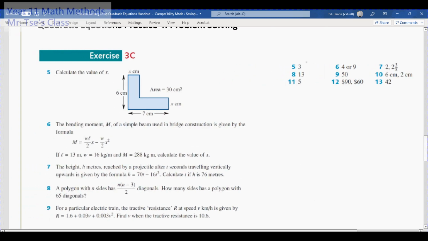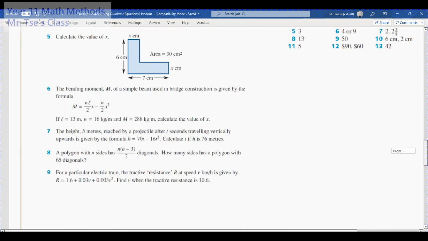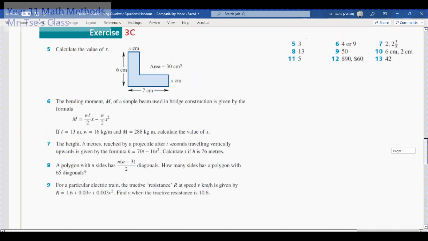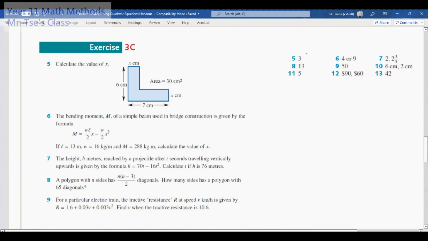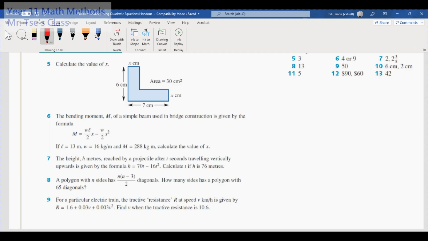Okay, so there are some exercises in our practice 4. I mean there are 9 questions. Of course, I'm not going to ask you to do all of them. I might just ask you to do some simple ones. If you really want to improve your problem solving skills, possibly you should do more.